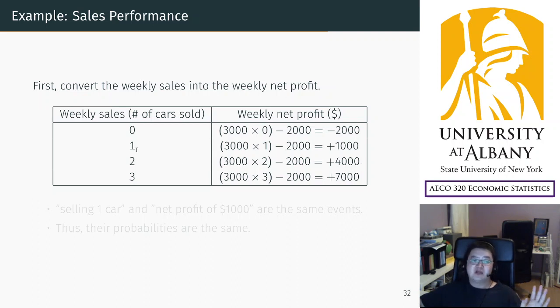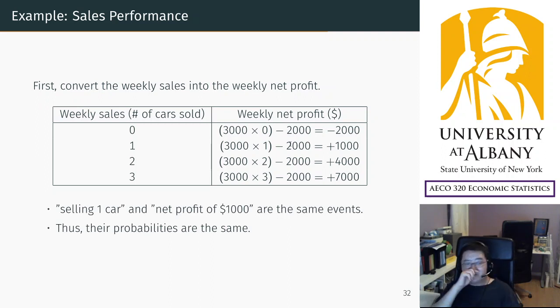It's so simple, like elementary school level algebra. You may think of it as a change of units. In the original data, the unit was the number of cars, but now we are not interested in the cars, but in dollars. We are interested in the profit, so we transformed using our assumptions.